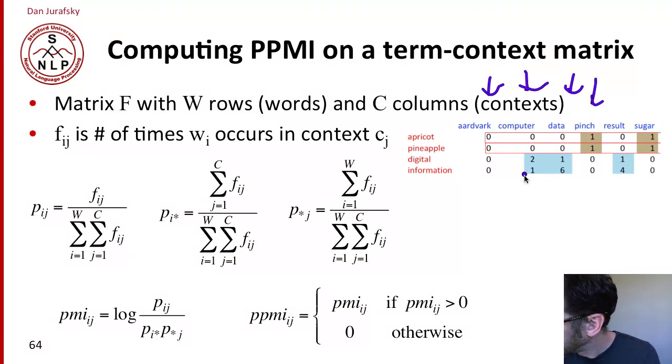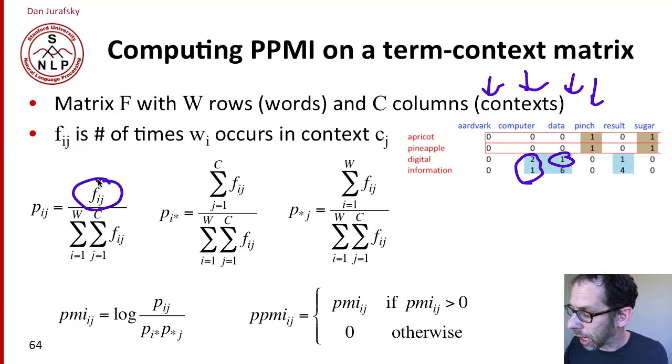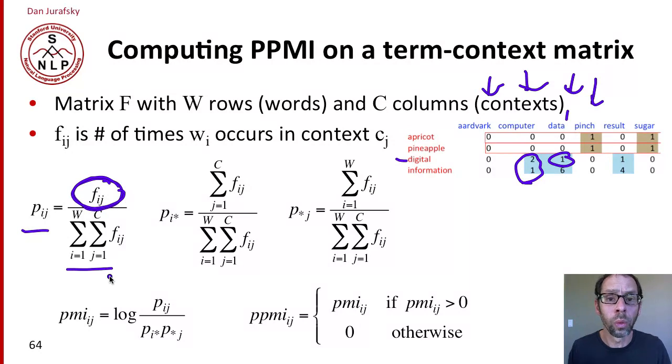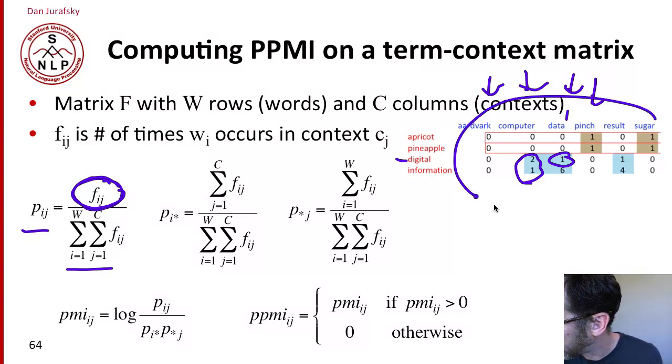And here are our counts, and each of these counts is F sub ij, the frequency of row i, column j. So we're going to turn those into probabilities first. So we'll say that the probability of a word i and a context j occurring together, the joint probability, is the frequency with which they appear normalized by the sum of the frequency of all words in all contexts. So we sum over the entire matrix.